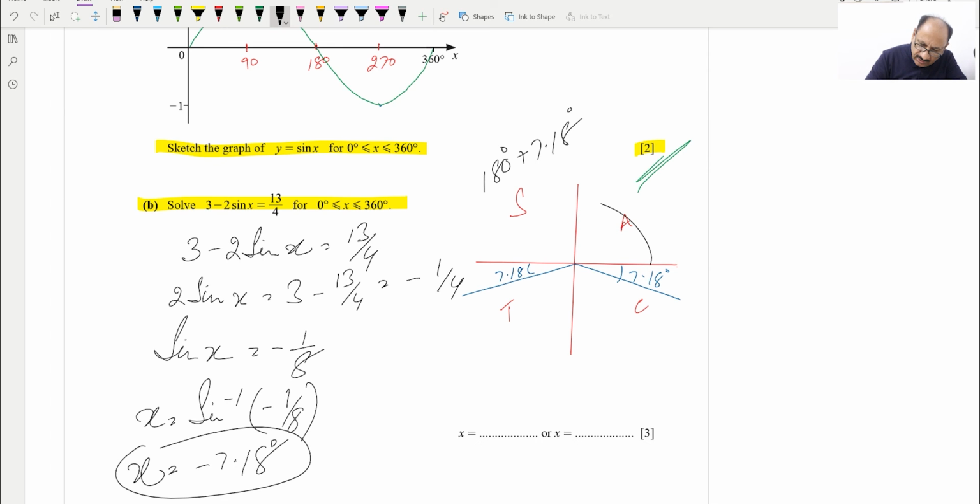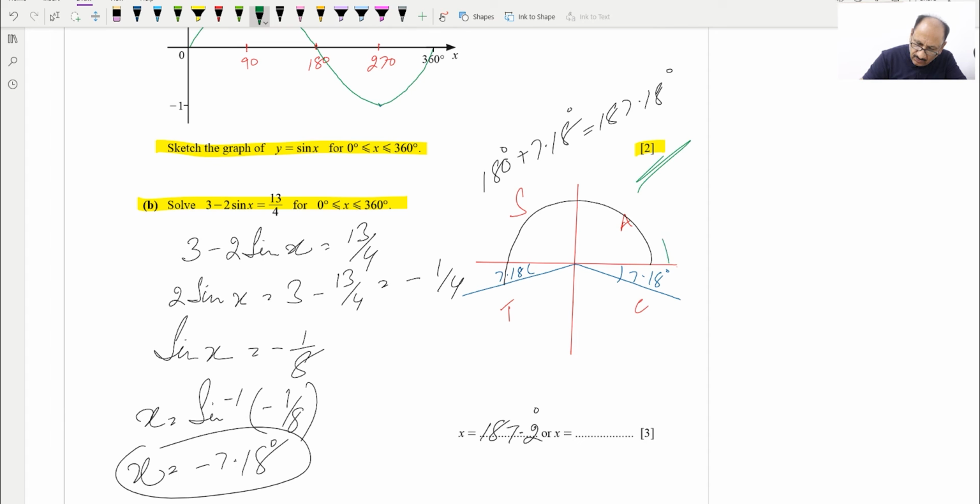From this point till this point we have taken this angle, and adding this will be equal to 187.18 degrees. So we can write 187.2 degrees.